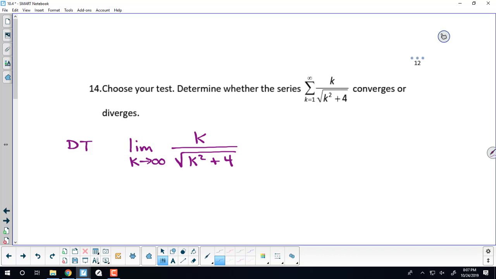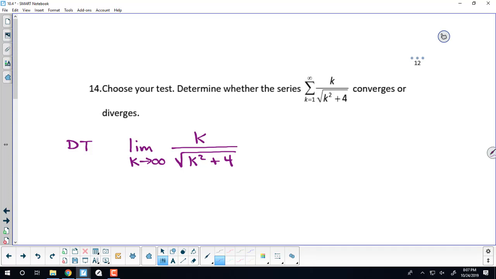Okay, so let's see what happens here. Remember at infinity, we can look at leading term over leading term, right? That plus 4 under the square root for sufficiently large k really contributes nothing.